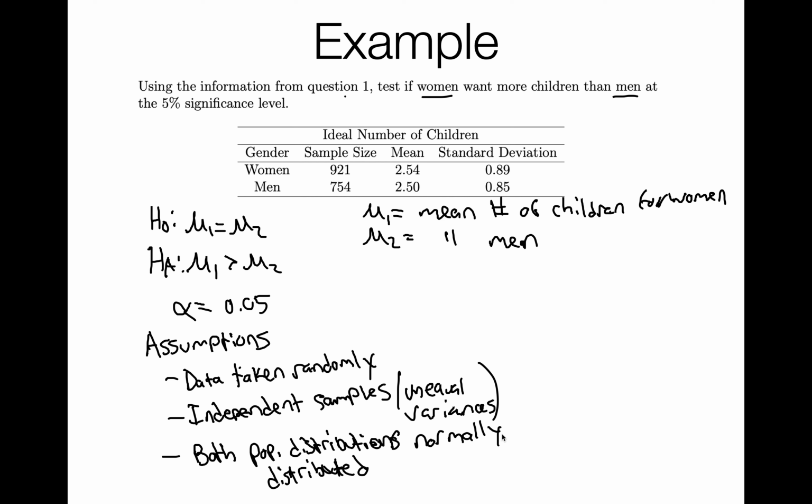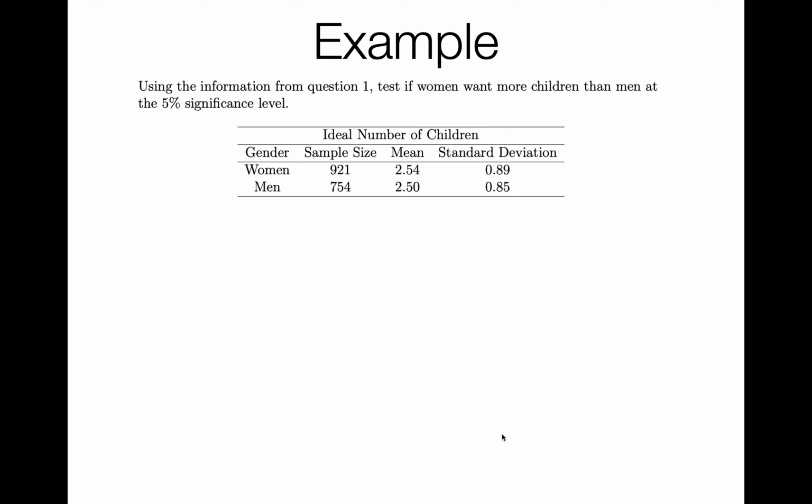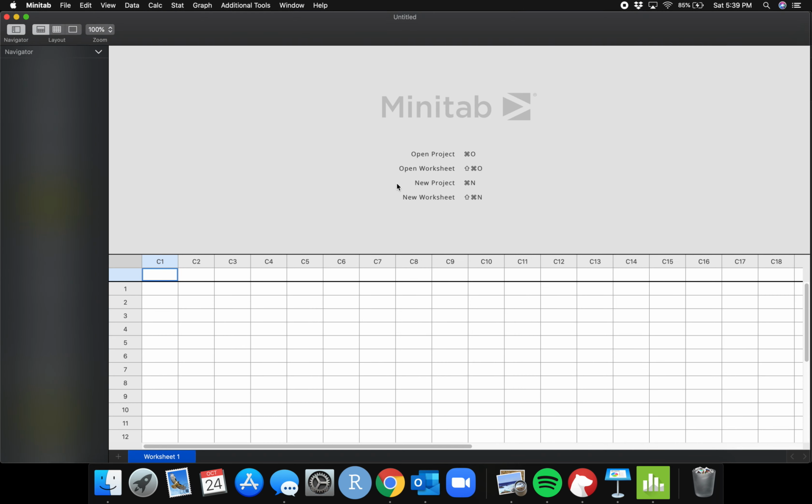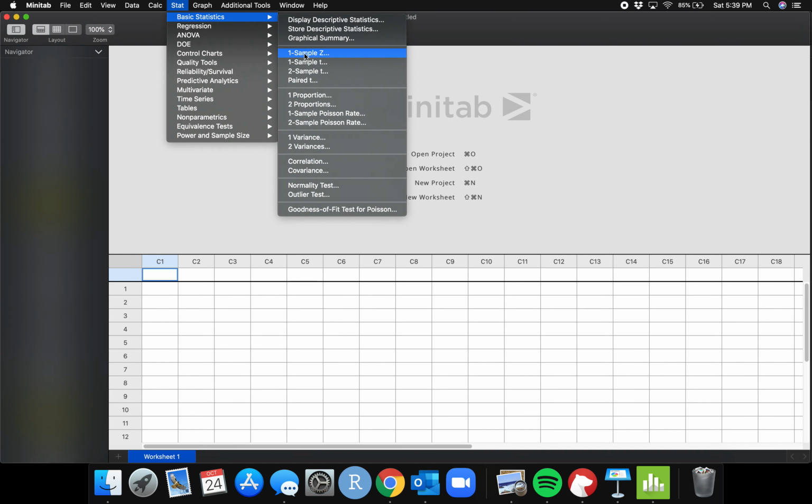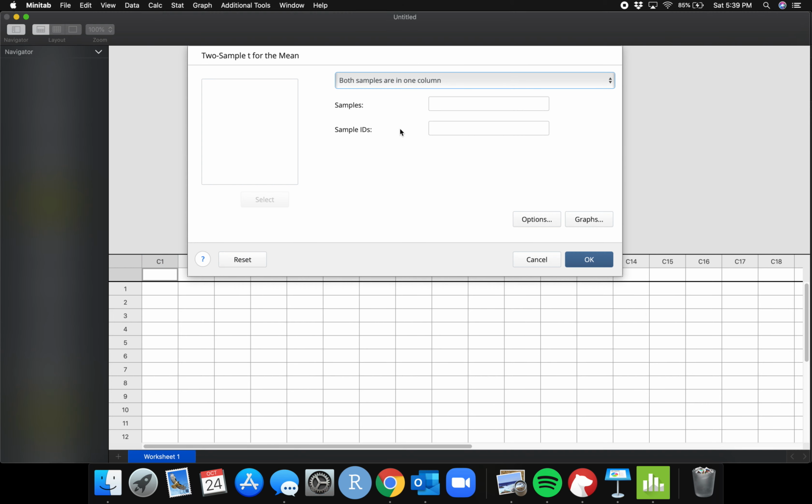All right, step 5 is the test statistic. I don't necessarily need you to write down all of the work because at this point we have to go to Minitab. We're going to go to Stat, Basic Stats, 2-Sample t, and we did this similarly for confidence intervals.